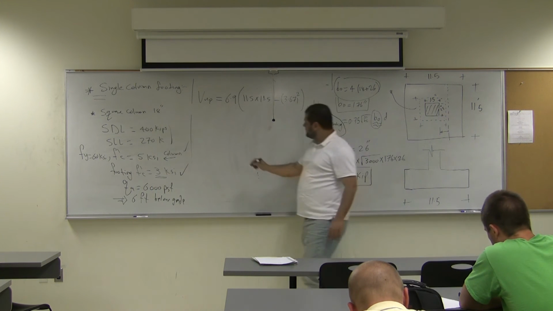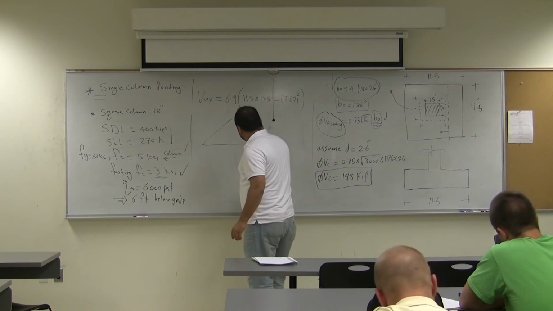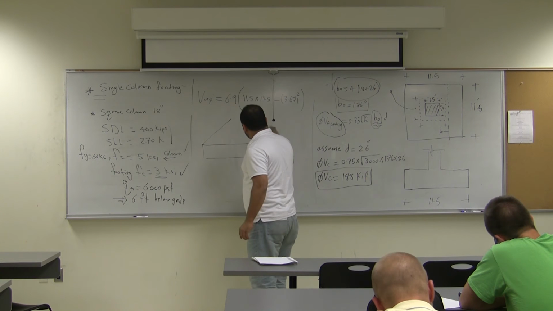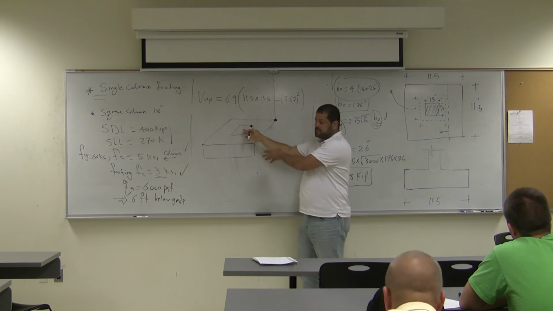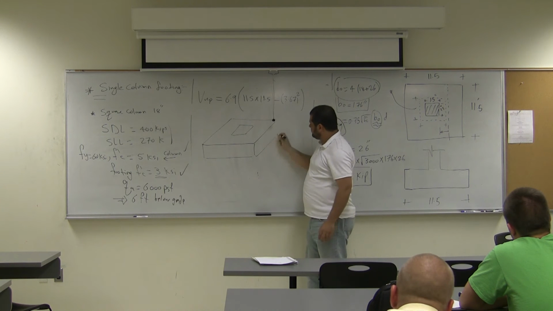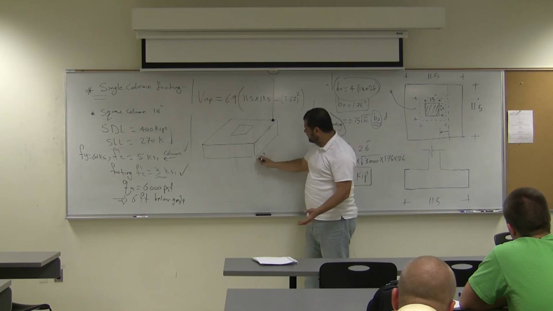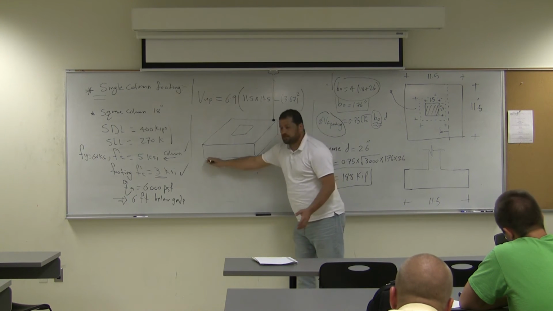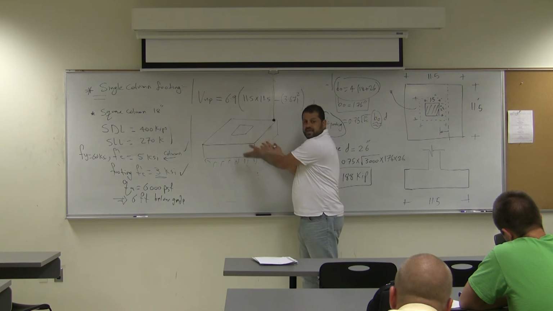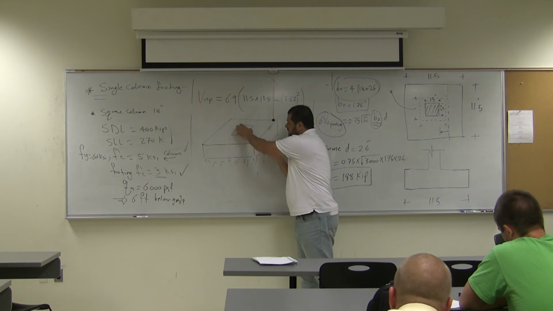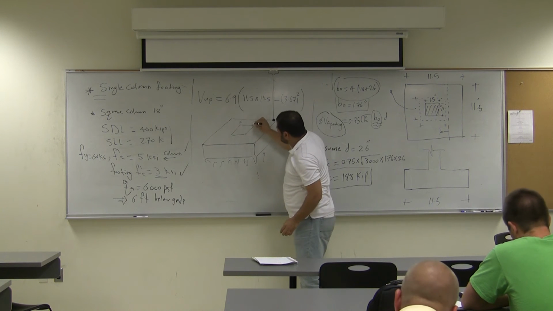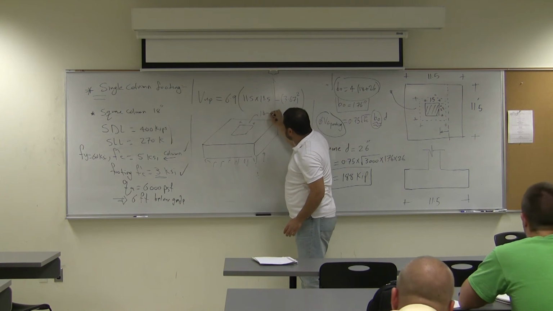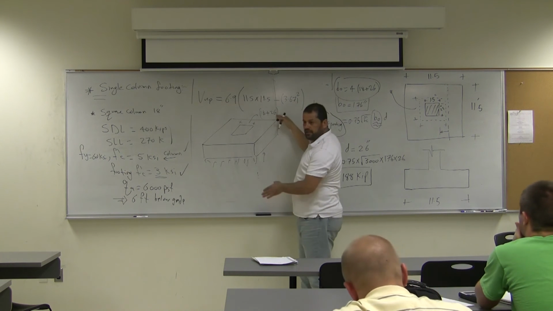I'm going to draw it again here. Wherever we have a pressure in here, which is Q ultimate times all of this area, minus the pressure times this area, which is 18 plus 26 inches.